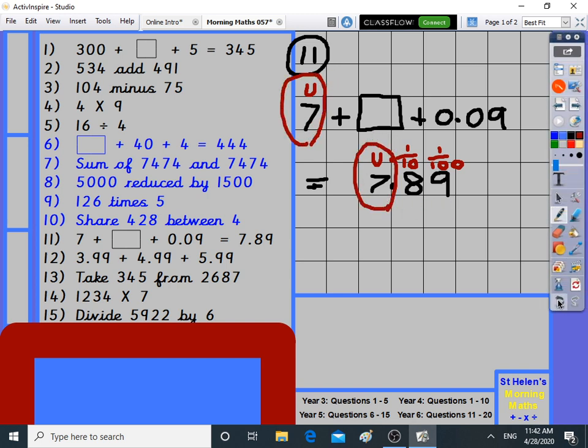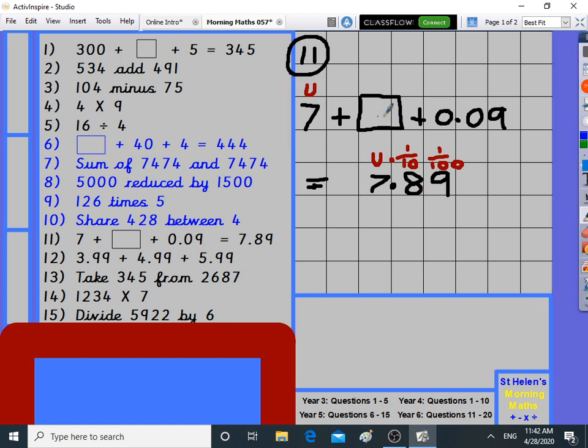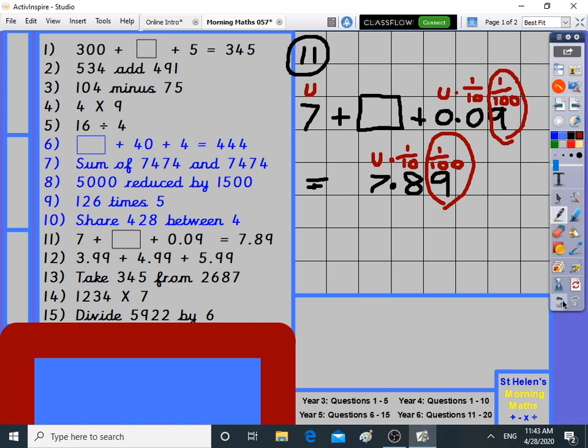Units is taken care of. That's where the 7 comes from. There's no 8 in the question, so something to do with 8 is probably going to go in here. This 9 hundredths is taken care of here. If I put my hats on this number 2, units, tenths, and hundredths. The hats really will help you to see that this 9 is in the hundredths column here and it's in the hundredths column here. So that's where the 9 comes from.